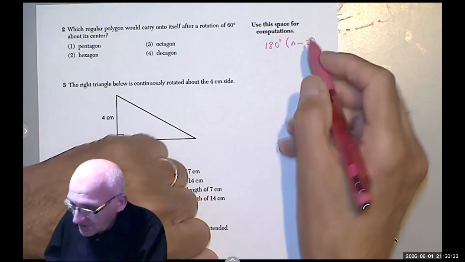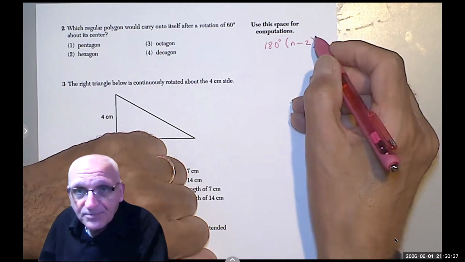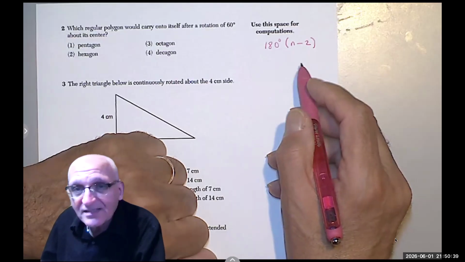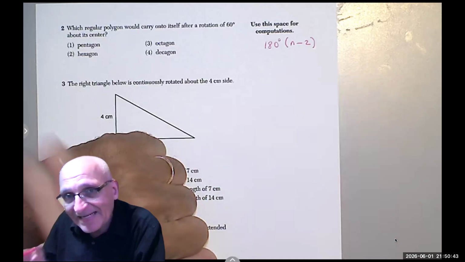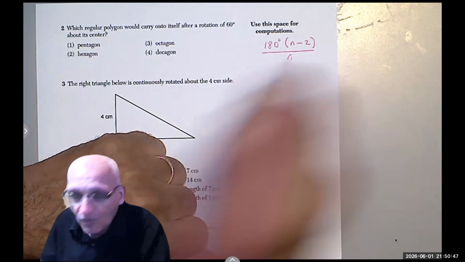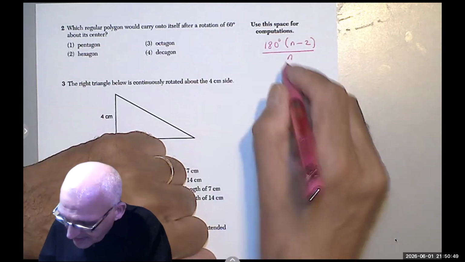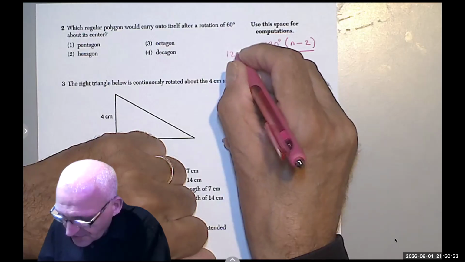So if the total interior angles sum up to 180 times n minus 2, and because it's regular, each one of the n angles should be 180 times n minus 2 over n. And we want the interior angle to be 180 minus 60, or 120 degrees.